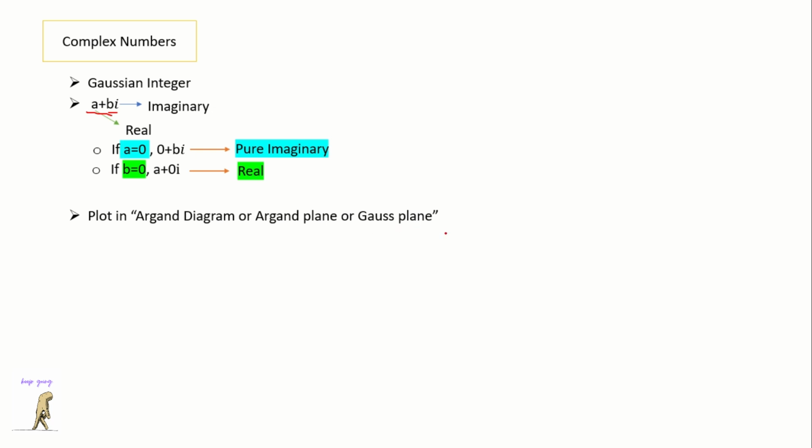Okay, let's have some examples. First, this point is our complex number, which is composed of a real part and an imaginary part. First, of course, we need to draw this horizontal line, the x part, which we call the real axis.